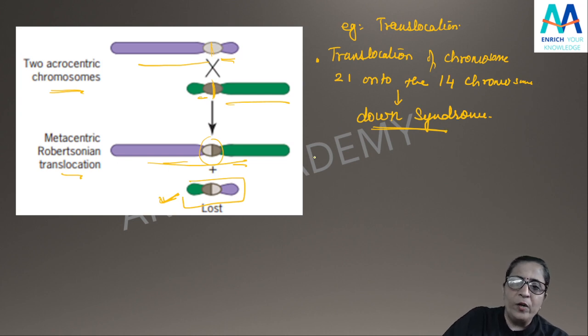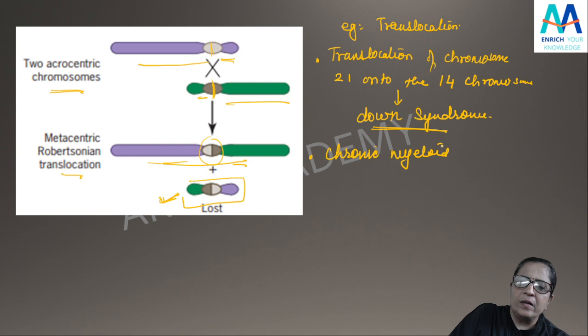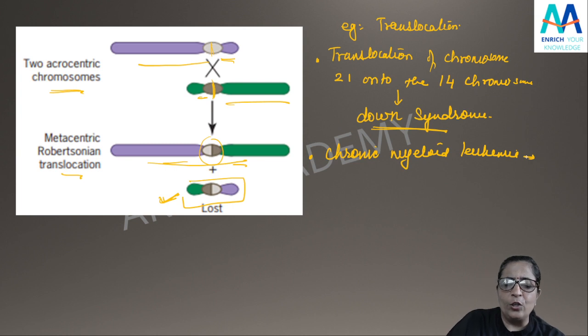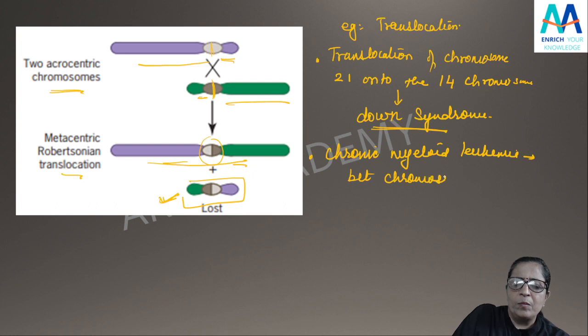Okay. One more example of translocation is chronic myeloid leukemia. इसमें क्या होगा? This is done by the translocation of genetic material between chromosome 9 and chromosome 22, students.